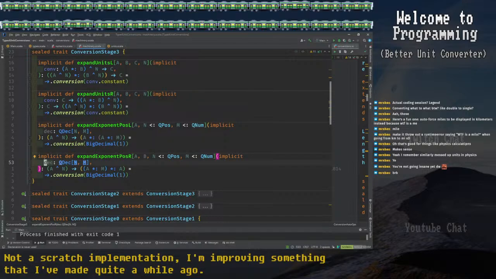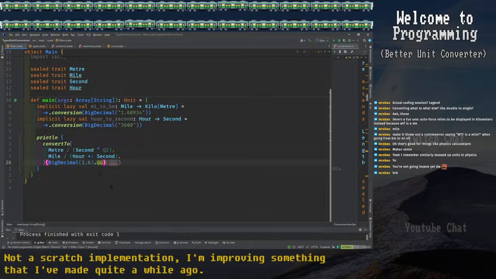Yeah, sure. This should expand second squared into second times second. Or not, I guess. Let's see. Candidate. Oh, bother. It does look like I do need to do some expansion.